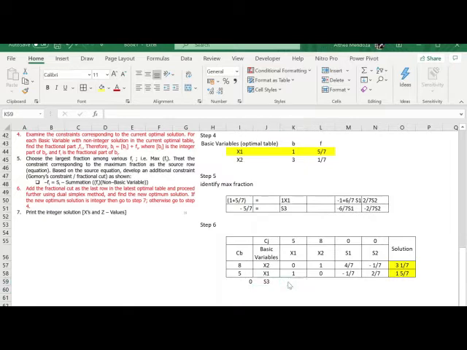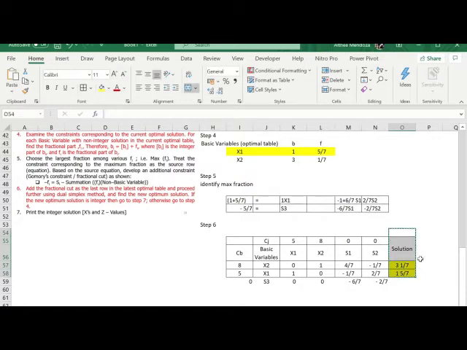So, pasok lang natin siya. So, 0, 0, tapos S1 na negative 6/7. Not fraction na naman siya. Then, ating S2 na negative 2/7. Kulang tayo, kailangan natin ng S3 na bago.